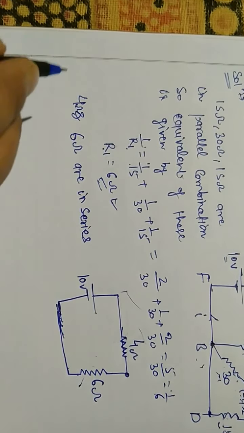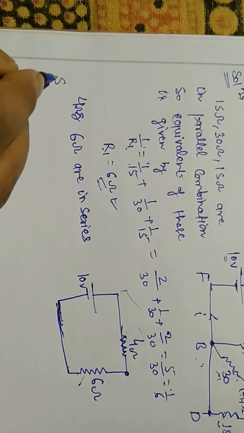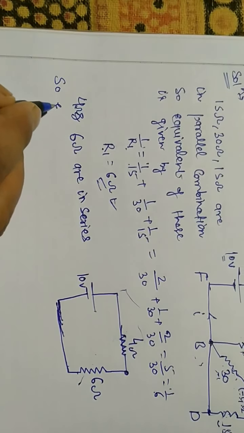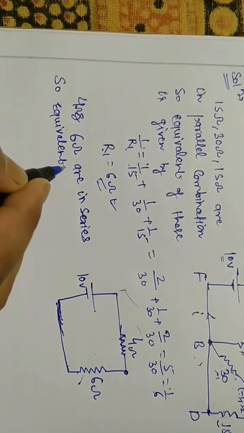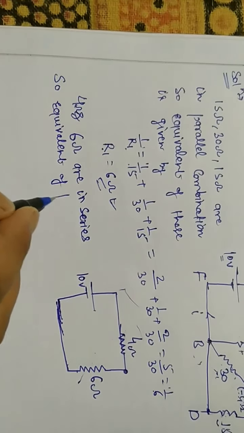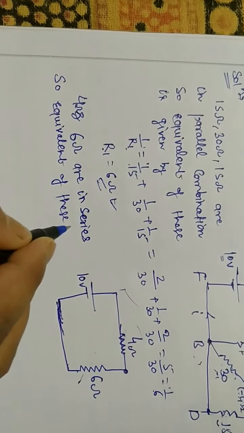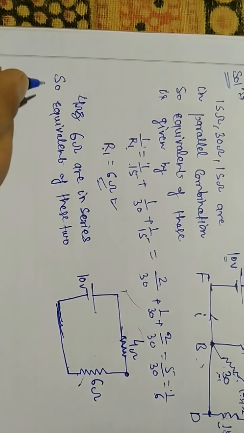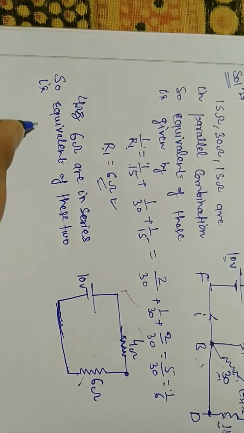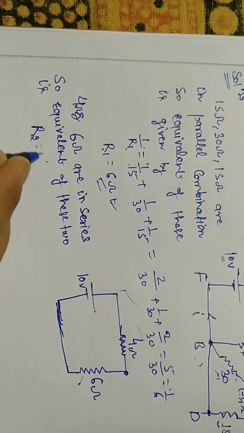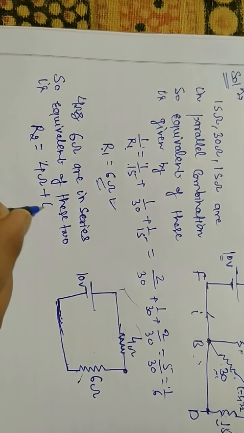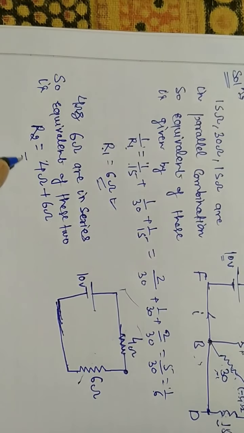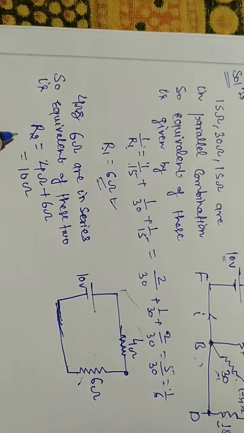So the equivalent of these two is R2 is equal to 4 ohm plus 6 ohm, that is equal to 10 ohm.